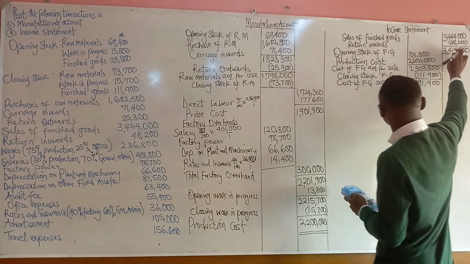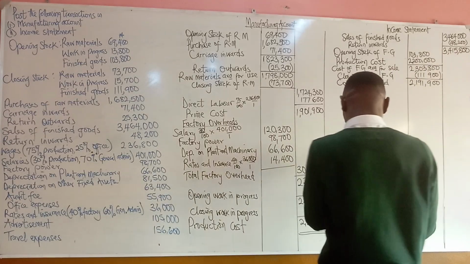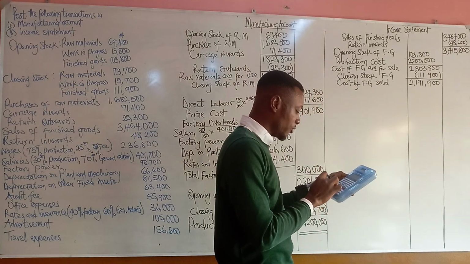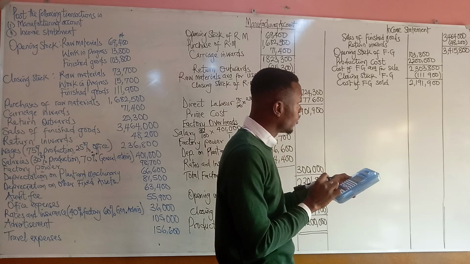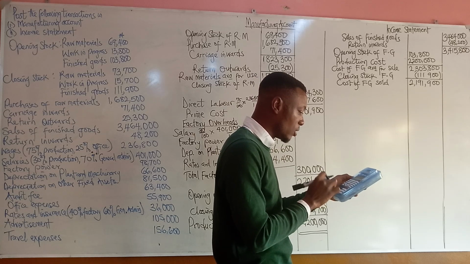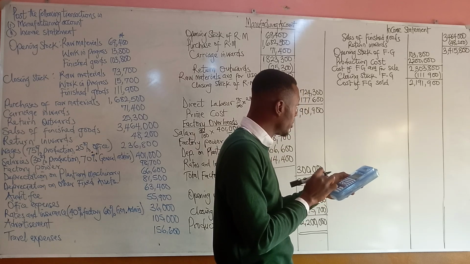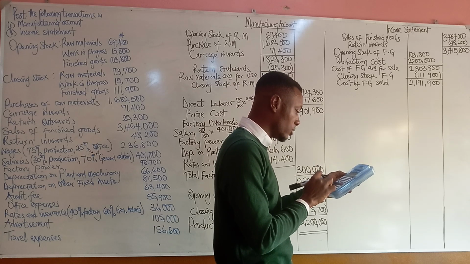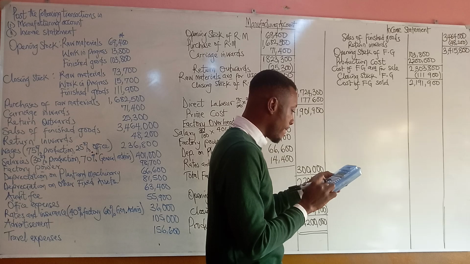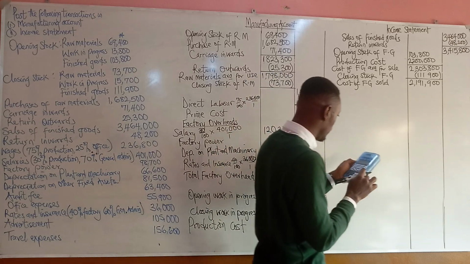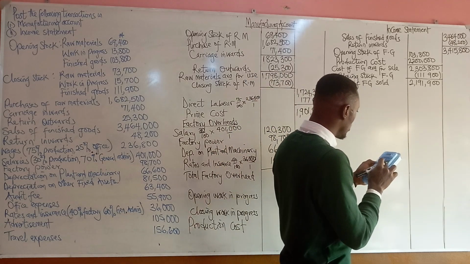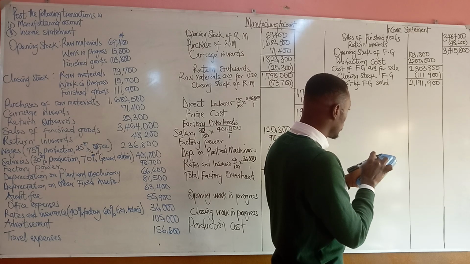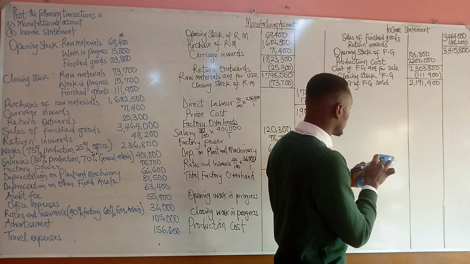Now we subtract it from here because this is higher. So I have 3,415,800 minus 2,191,900.